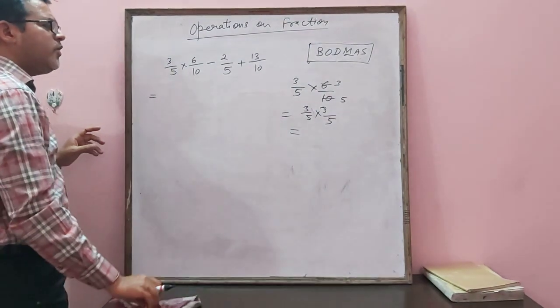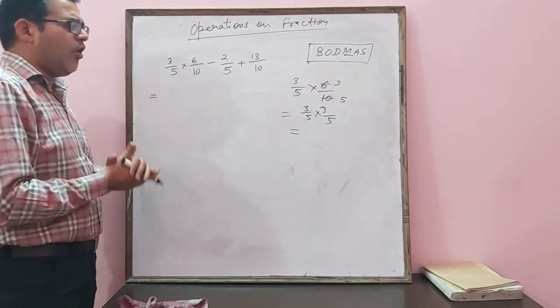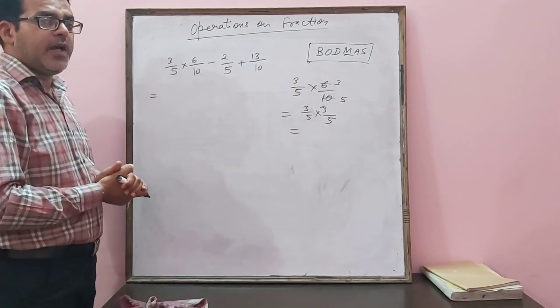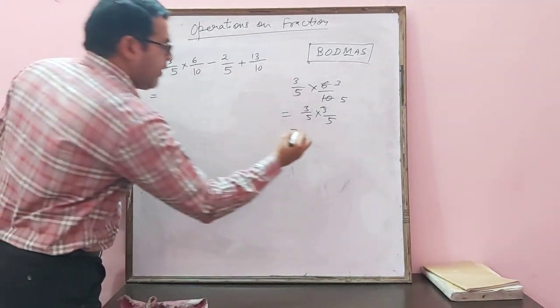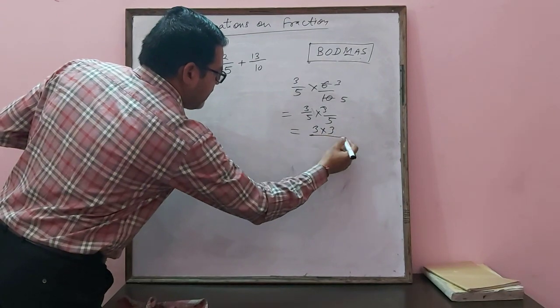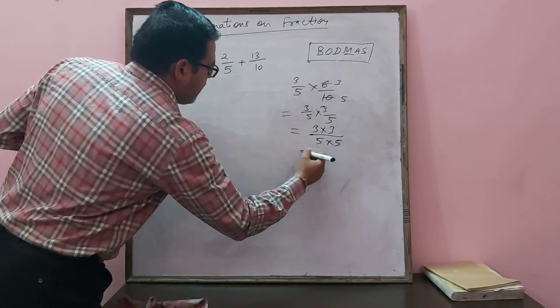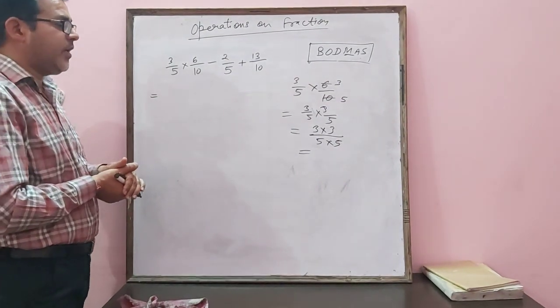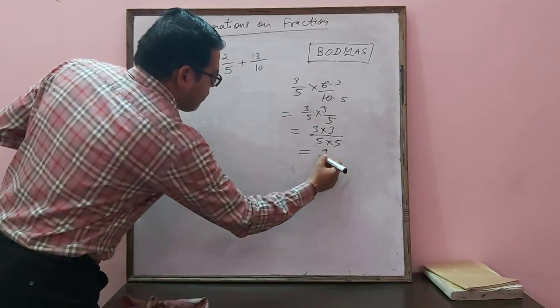According to the rule of multiplication of fractions, we can directly multiply numerator with numerator. So we write 3 into 3 and downside 5 into 5. Numerator with numerator and denominator with denominator. So 9 by 25 we have.